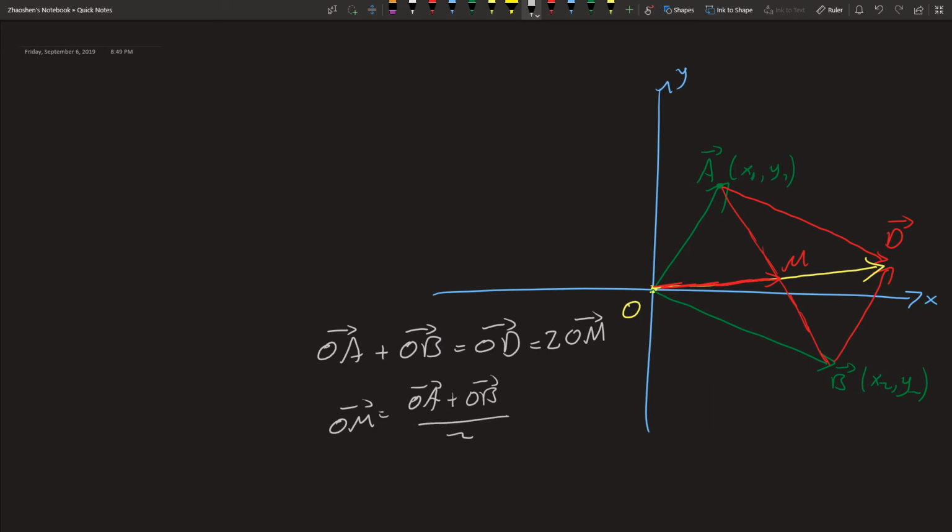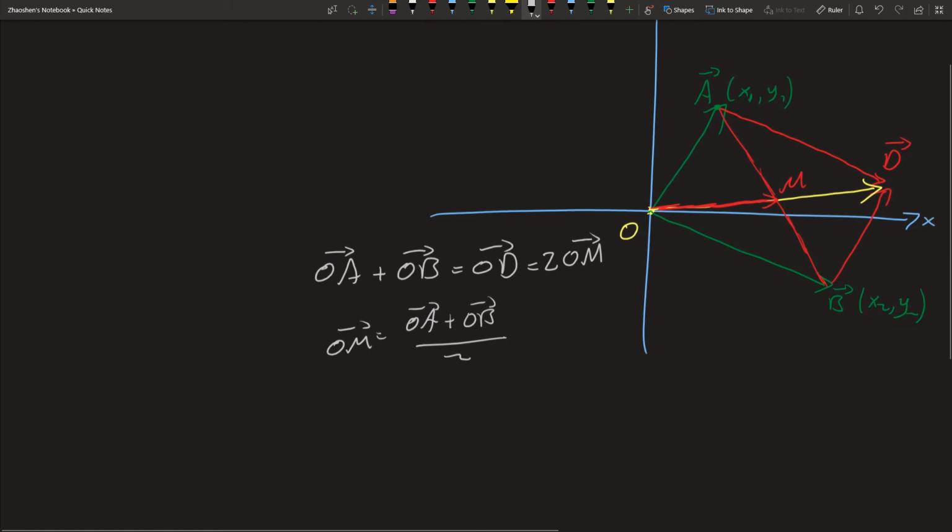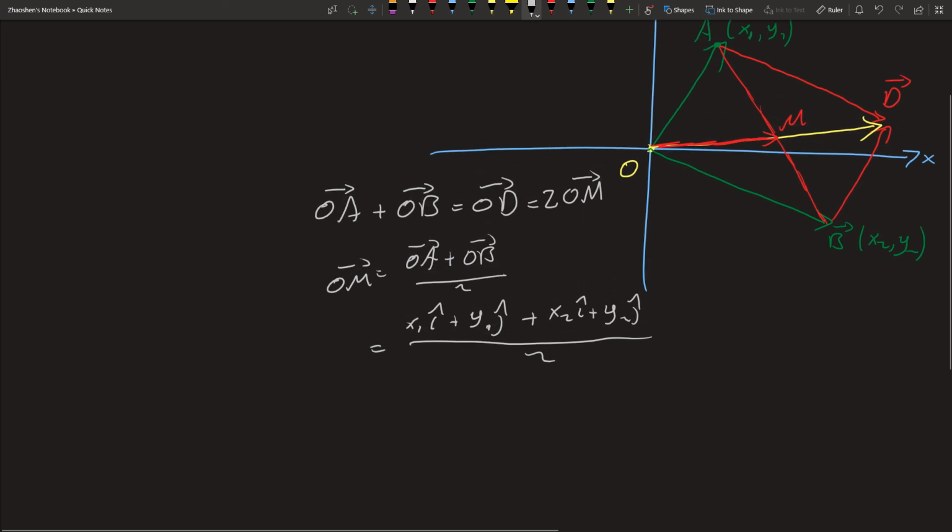Now, what is OA? We know what it is, right? Which is equal to x1 i plus y1 j, plus OB, which is x2 i plus y2 j, all this over 2. Now let's group all the i's and j's together.